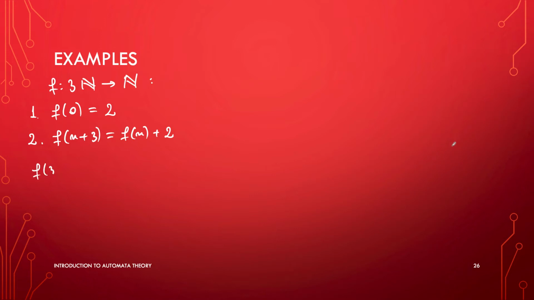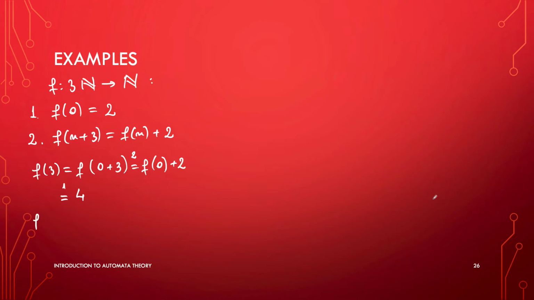If you want to calculate the value of f of 3, you realize that 3 was obtained in our recursive definition of set 3N by noting that it's 0 plus 3, and so we can apply our definition, condition number 2, and this is going to be f of 0 plus 2, and using condition 1, f of 0 is 2, so it's 2 plus 2, and that equals 4.